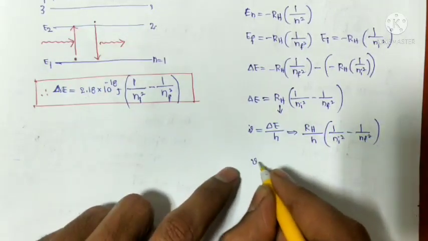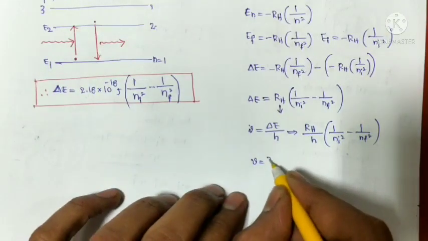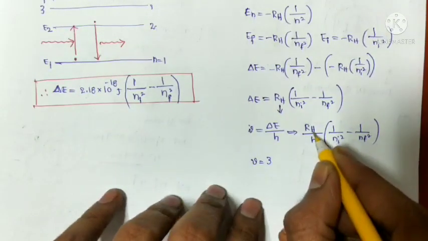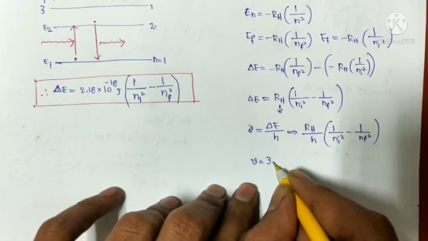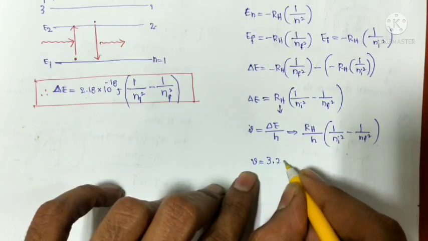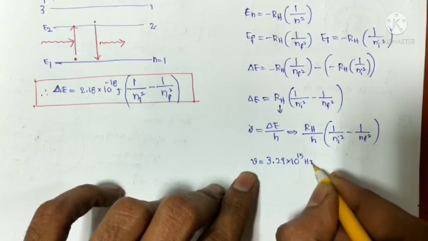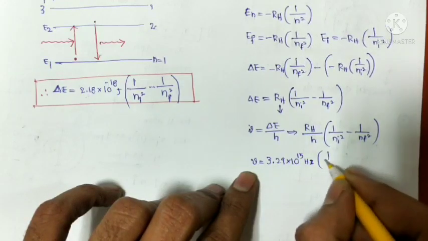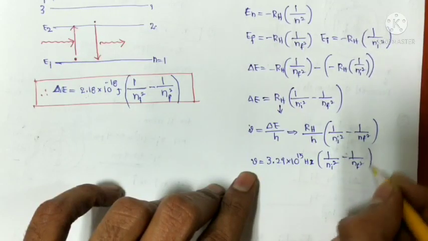RH is the Rydberg constant and h is the Planck constant. Directly I will write the frequency: 3.29 into 10 to the power of 15 hertz into 1 by ni square minus 1 by nf square.